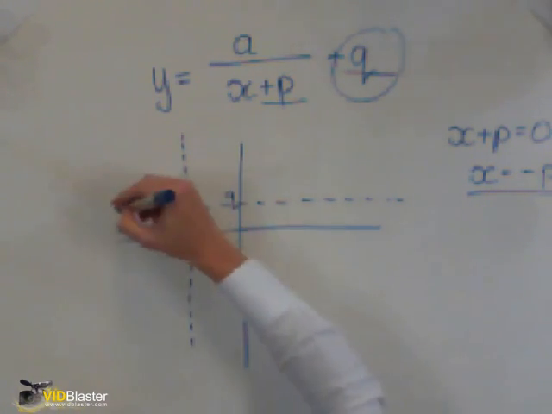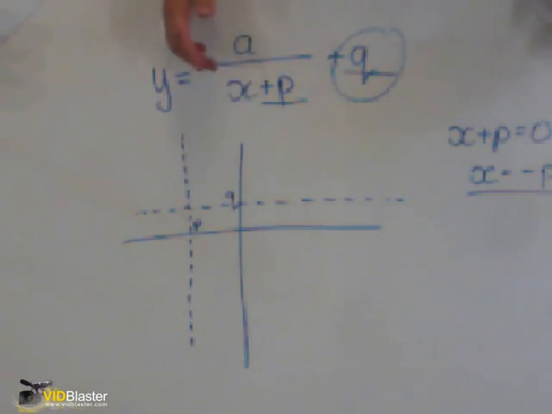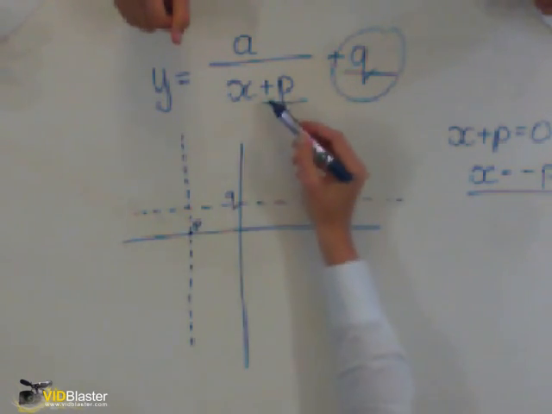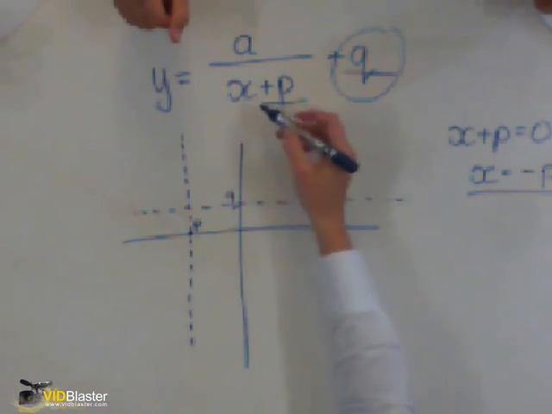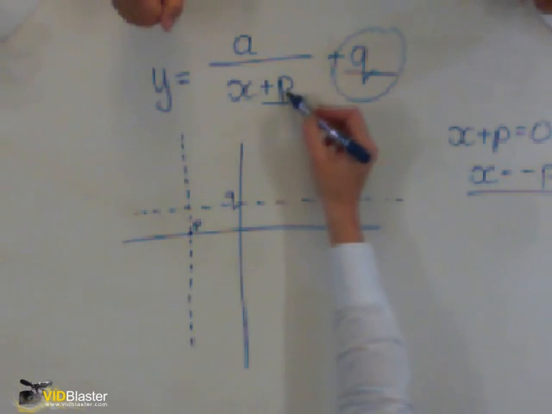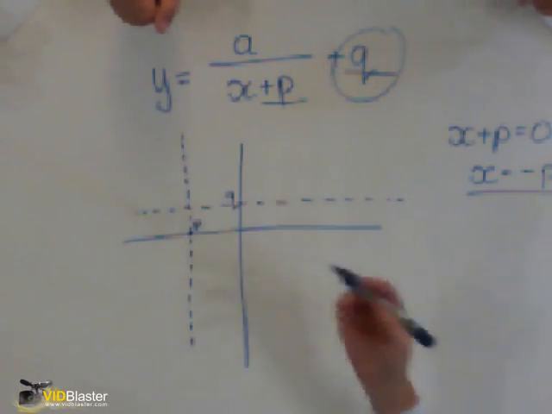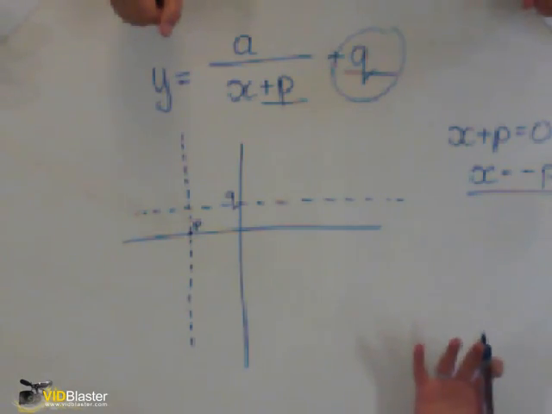With the quadratic function I always get muddled up with the plus and the minus with the p, but what I like about this p is that it is in the denominator of a function, so it is really easy to work out. There's going to be an asymptote at the point where p is the additive inverse of x, which makes the denominator 0. Fractions don't exist when the denominator is 0. It's undefined, and that's why we have our asymptote there.